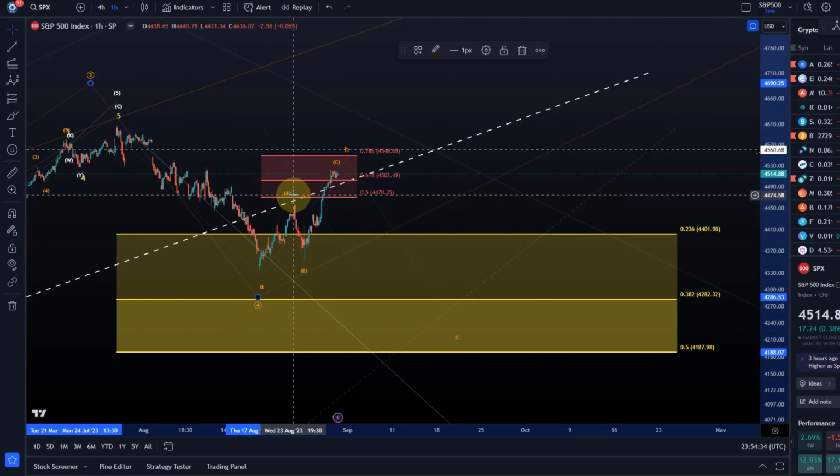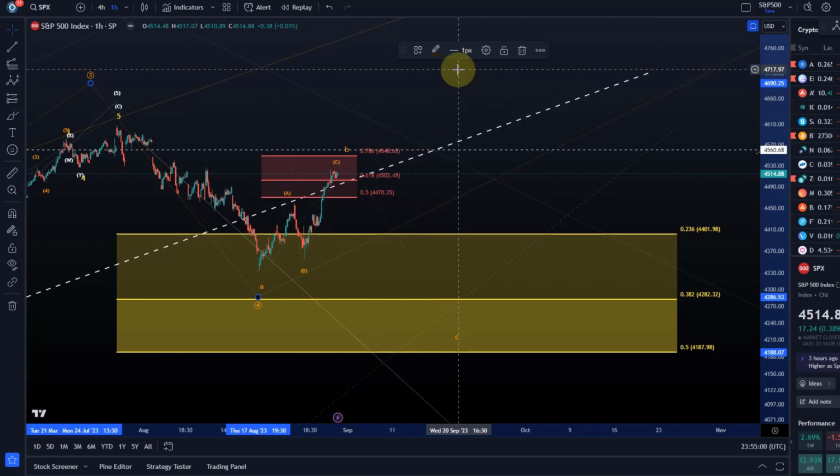And if it is, then, let me think, I would have to assume that this was a 1, this was a 2. We're now moving higher in a 3rd wave, which should also go at least to that dashed line, 4,559, and should then subdivide much higher.